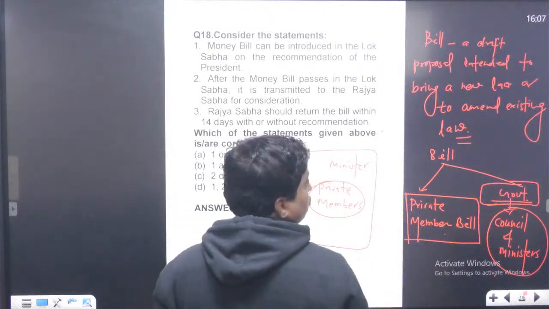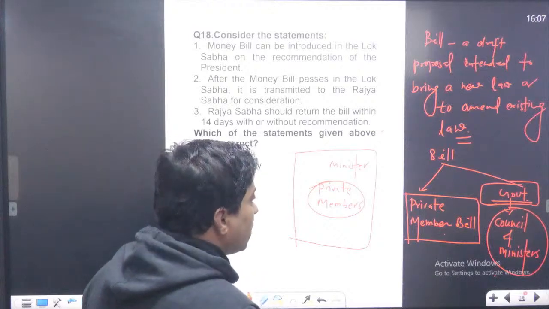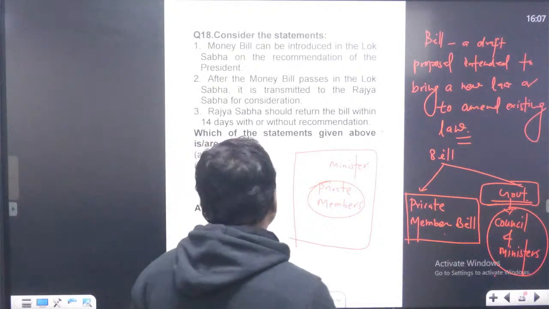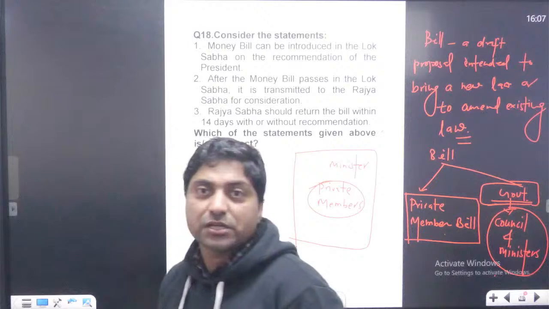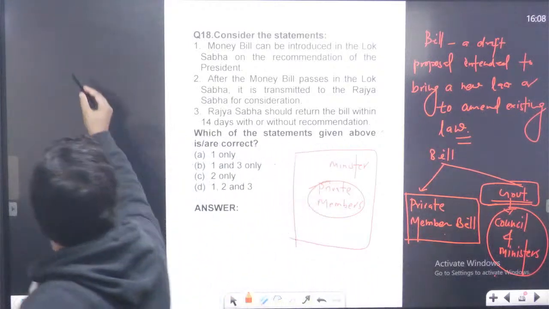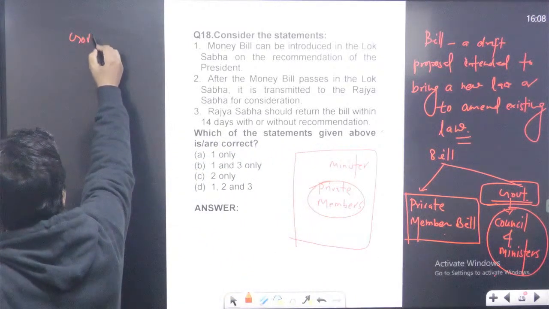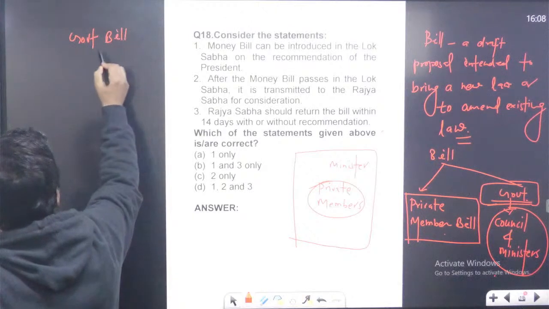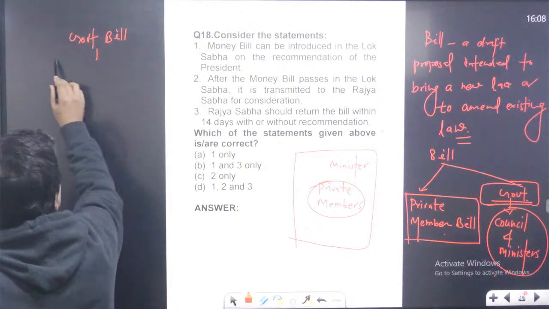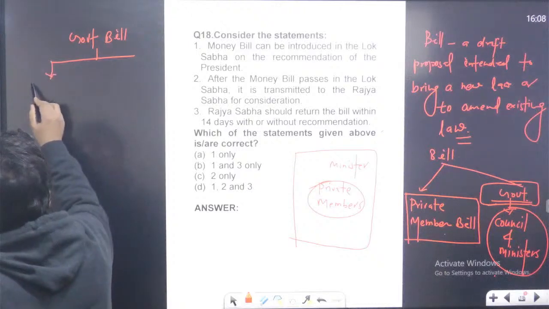So a private member also introduces a bill. Now, the government introduces several types of bills. Government bills have many types. First is called the ordinary bill.